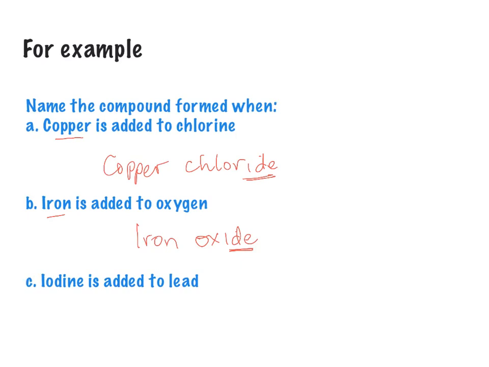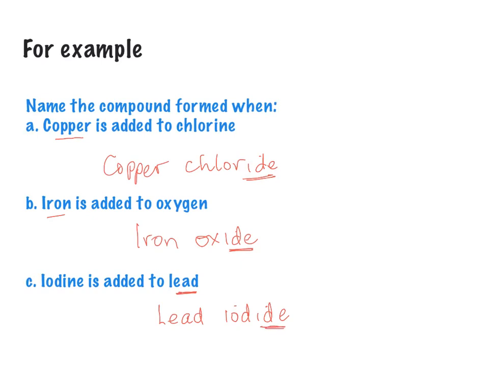Now, just to really confuse you, we're going to do iodine is added to lead. So how about you do that now, answer the question, and then I'll give the answer. Alright, in this case, our metal is lead. So there's our start, and iodine doesn't become iodine-ide, it becomes iodide. And that becomes our answer.